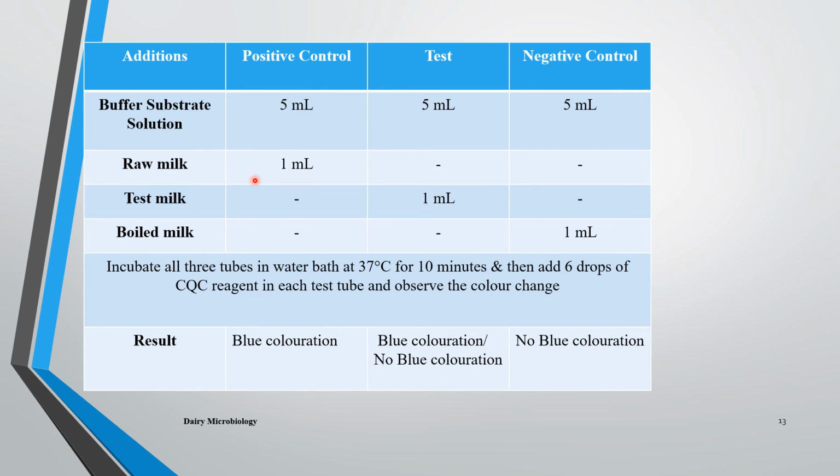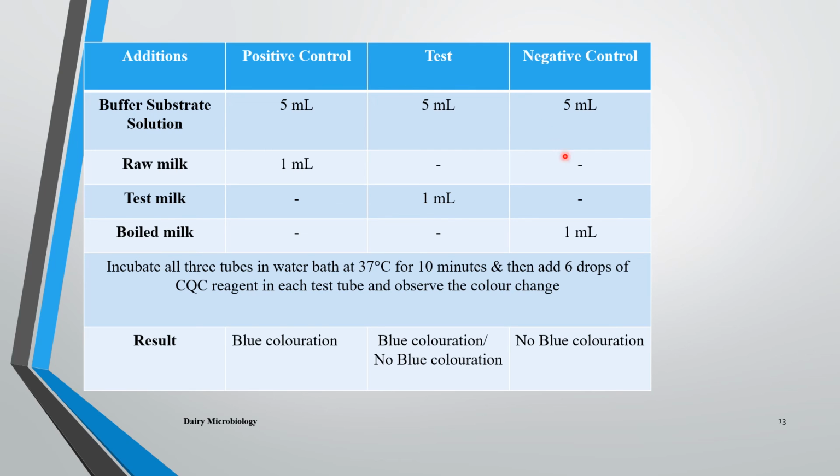Raw milk contains the phosphatase enzyme. Add 1 ml of test milk in a tube labeled as a test and 1 ml of boiled milk in a tube labeled as a negative control. Boiled milk will not contain phosphatase enzyme because phosphatase enzyme is a thermolabile enzyme.